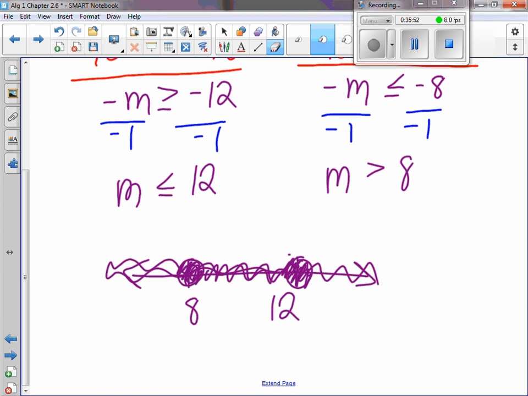Because for here, if m was 8, would this be true? Is 8 greater than 8? No, right? That's not true. That'd be false. But here, is 8 less than or equal to 12? Yes, 8 is less than or equal to 12, yes?